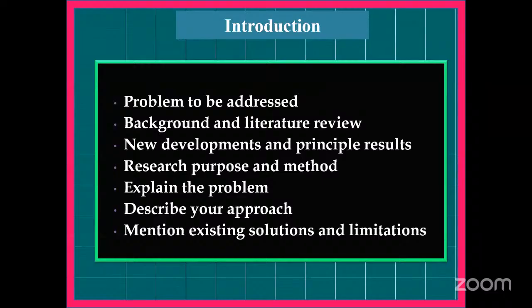And also the introduction. What should be present in the introduction? The first one, the problem to be addressed, and the background and literature review, which is very important. When you take any research aspect, for example, if you are doing research on energy, what is the energy needed? What is the importance of energy? Energy, environmental, biomedical, and composites are broad topics.